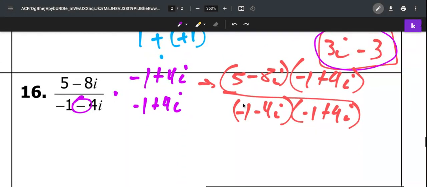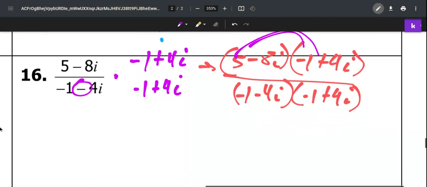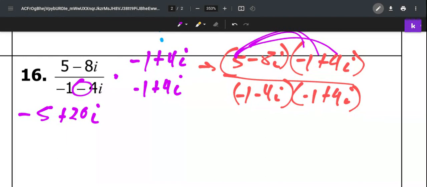All right, so let's see. The top is going to give us, let's see, negative 5, and then it would give us 5 times 4i would be plus 20i. Negative 8 times negative 1 is plus 8i.